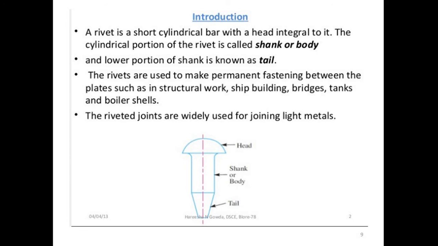One of the light metals is sheet metal, and we use rivet joints for joining two sheet metals.